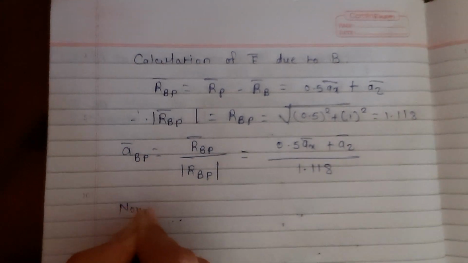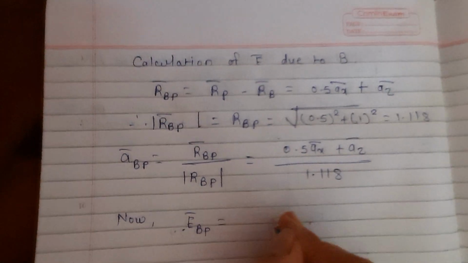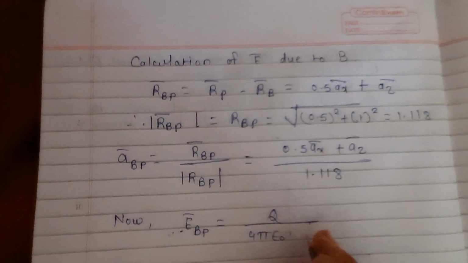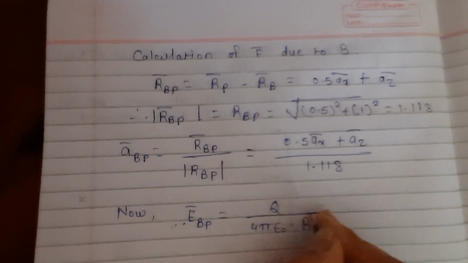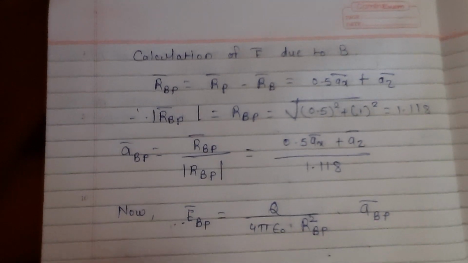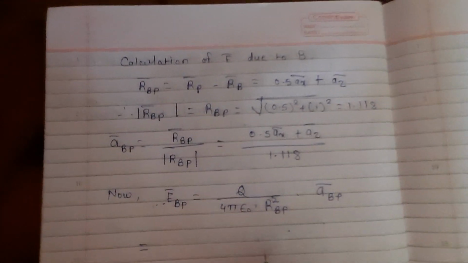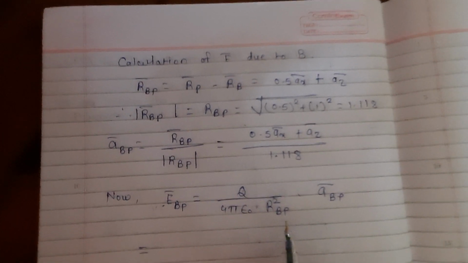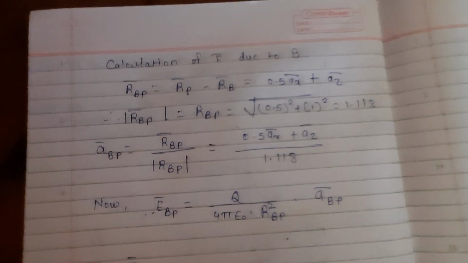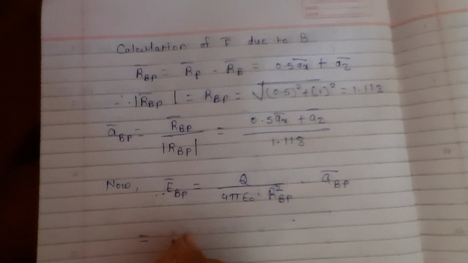Now again we have the formula: E_BP bar is equal to Q divided by 4 pi epsilon 0 R square BP into a_BP bar. Here also they have given the point charge of 120 nanocoulomb located at both the points, A and B. So here also Q is 120 nanocoulomb.